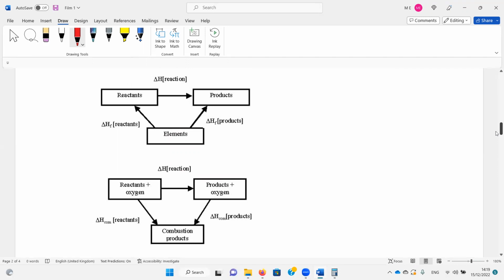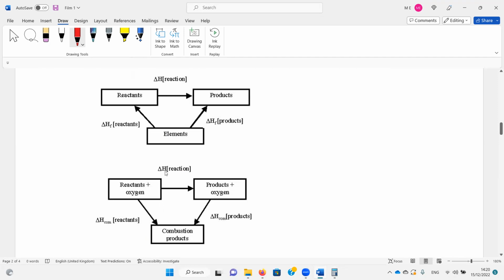If you are provided with enthalpy change of formation, then when you draw the cycle the arrows should be pointing upwards. The reason is because you are forming the reactants and the products from their elements in their standard state. So you are forming this from this, and that's why the arrow is pointing up.